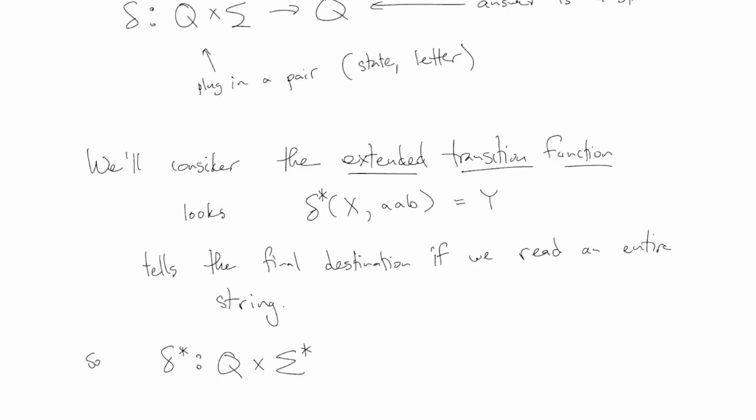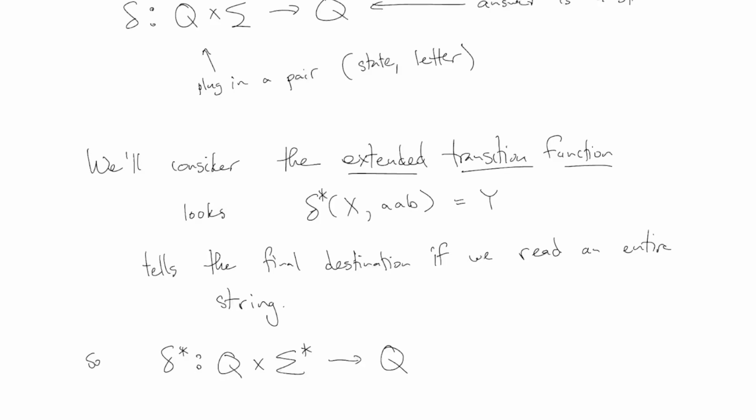If you have a set with a star, that means the set of all strings using letters from that set. And then its answer again is a single state, so the answer is in Q again. This is the extended transition function. It's important, and you'll see why in a few moments.